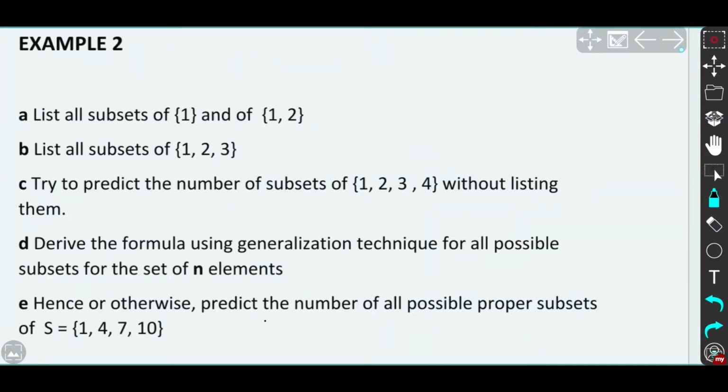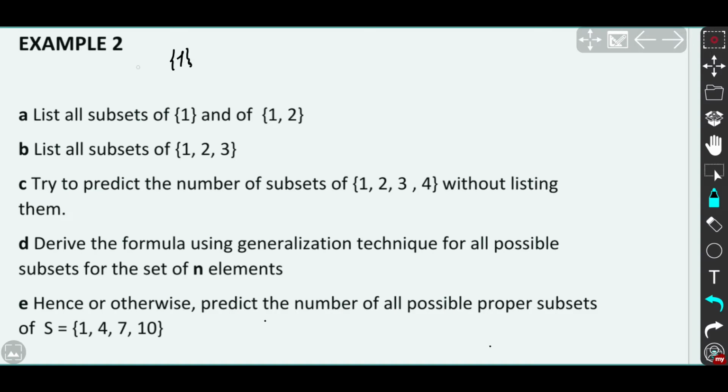Alright, so we are on example 2. So in A, you need to list all subsets of {1} and of {1, 2}. So you have sets and you need to actually list all possible combinations of elements. Because the first set contains only one single element, we will have only one possible combination because of the one element.